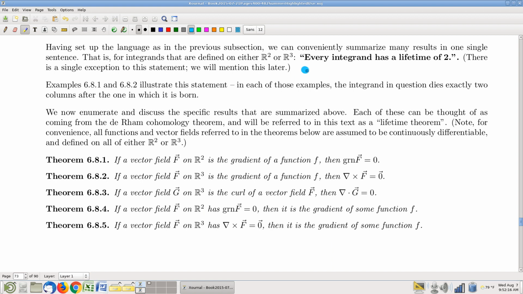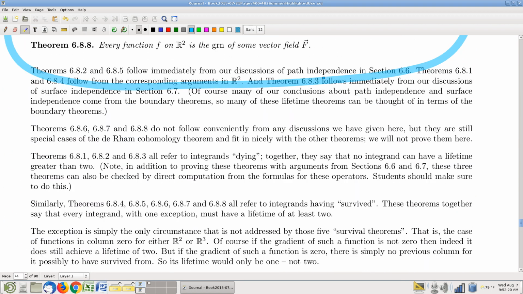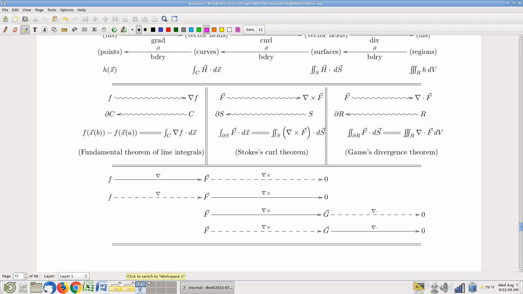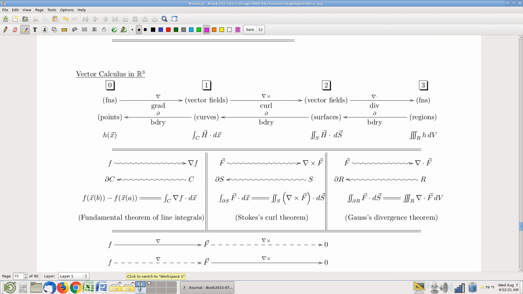All of the lifetime theorems are really just this. Now, some details that I have to talk about. First of all, let's talk about that exception. The exception is constant functions in column 0, and it's an easy exception to notice. If you have a function here that is constant, right? You take its gradient, you get 0.